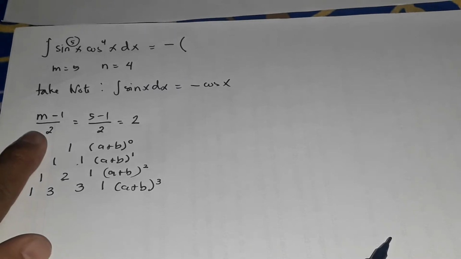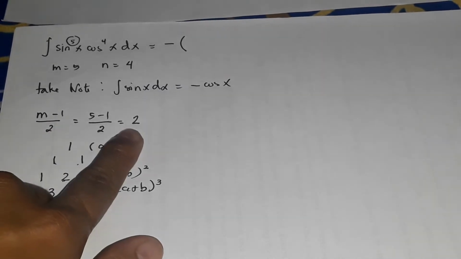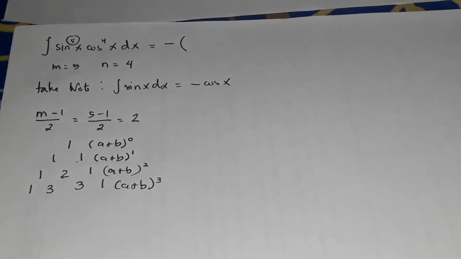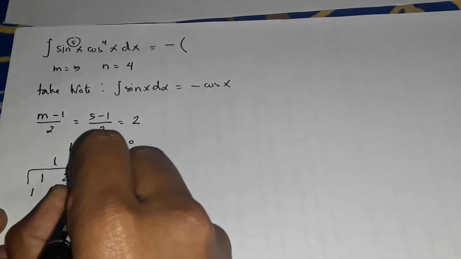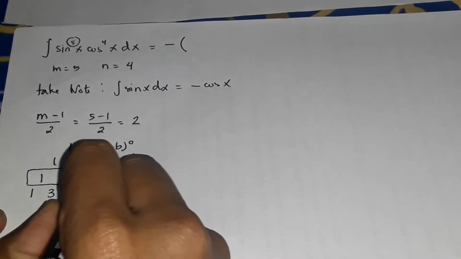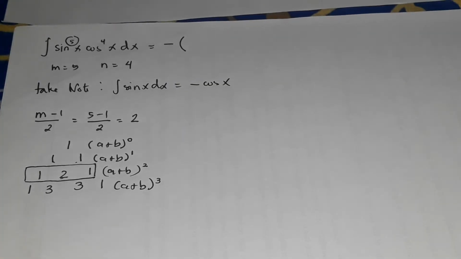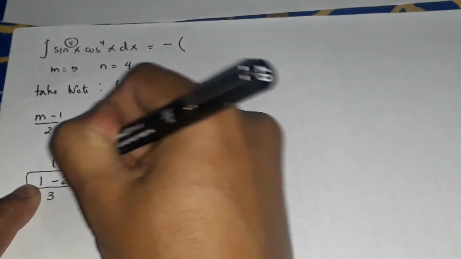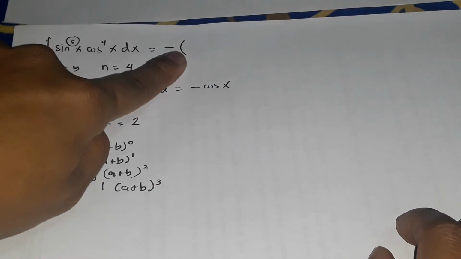Again, you go back here. This is m minus 1 all over 2, which is equal to 5 minus 1 over 2, which is equal to 2. So we consider this series of coefficients 1, 2, 1. And then we take note of the sign, alternating sign, starting from plus, minus, and then plus again. Okay? Let's write the power of cosine here.